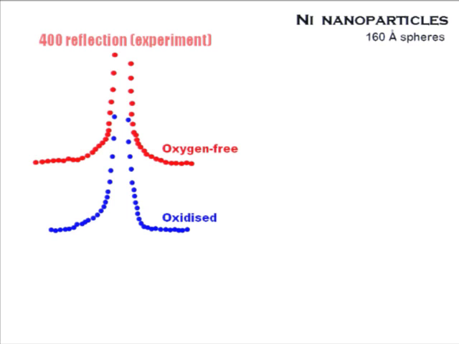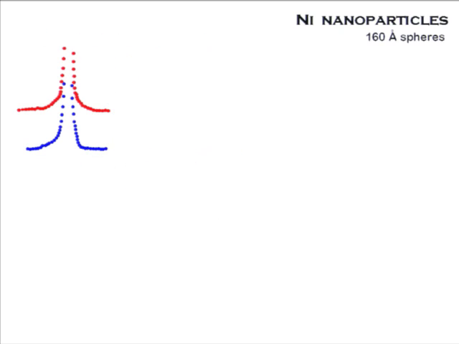So we needed to find out why that is. In order to do that, we extracted the true profile, because what we observe in the experiment is, as you know, an integral convolution of the instrumental function and the true profile broadening.